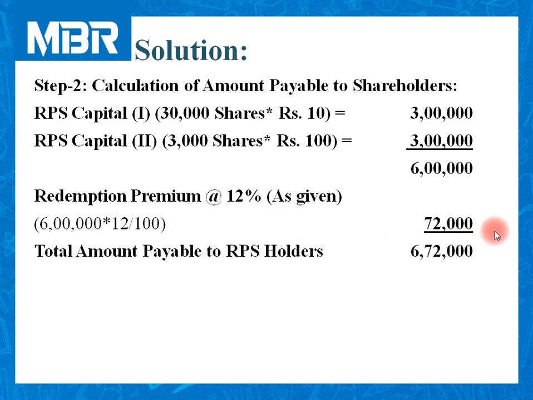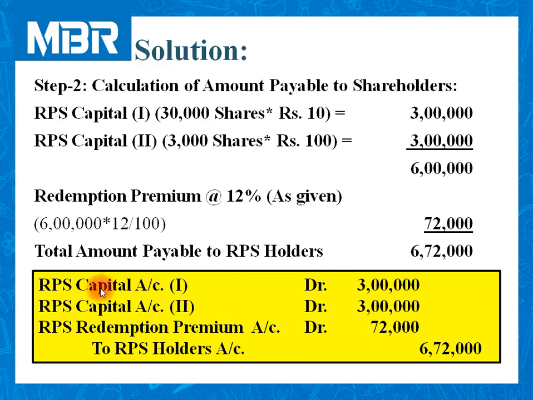So total amount payable to RPS holders is 6 lakhs rupees for capital, 72,000 rupees for premium. So in all, 6 lakhs 72,000. I hope all of you are clear with these calculations. Even in all the previous questions we have discussed step number 2. So nothing is new in this question.